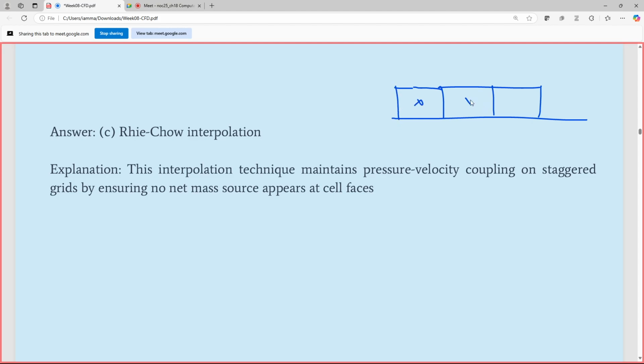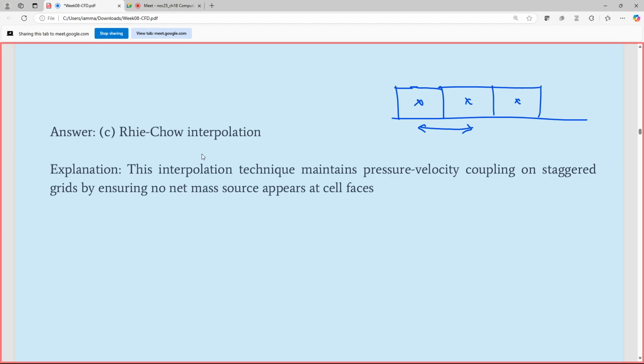These are cell centers, and mostly in CFD, we take center to center values. In the control volume method, we mostly use these center points to calculate our velocities. But while calculating pressure, taking these center velocities will create some numerical issues.